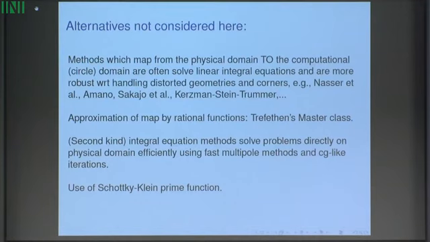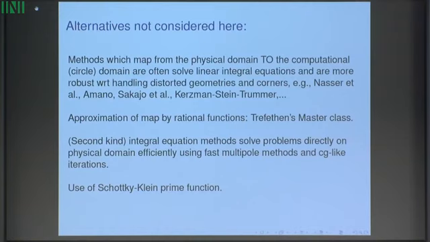What I can talk about here, as I say, there are limitations to all of this. The methods that map to the circle domain are usually more robust, handle more complicated geometries, and can handle corners. You've heard some talks by Nasser and Takashi Sakato with Amano's method and so forth.